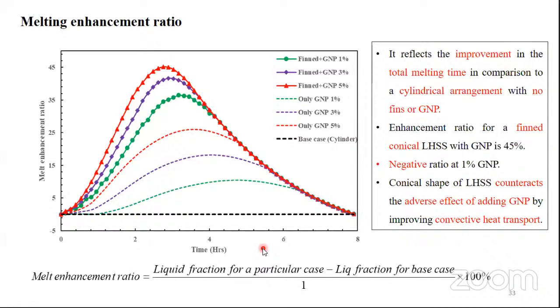It is around 45%. But when we are speaking about a graphene nanoplate based latent heat energy storage system which is having a conical shape, then it is having a negative ratio. So it is not a very good thing to explore. So the conical shape actually counteracts the adverse effect of adding graphene nanoplates by improving the convective heat transfer coefficient. So that is a very important conclusion.